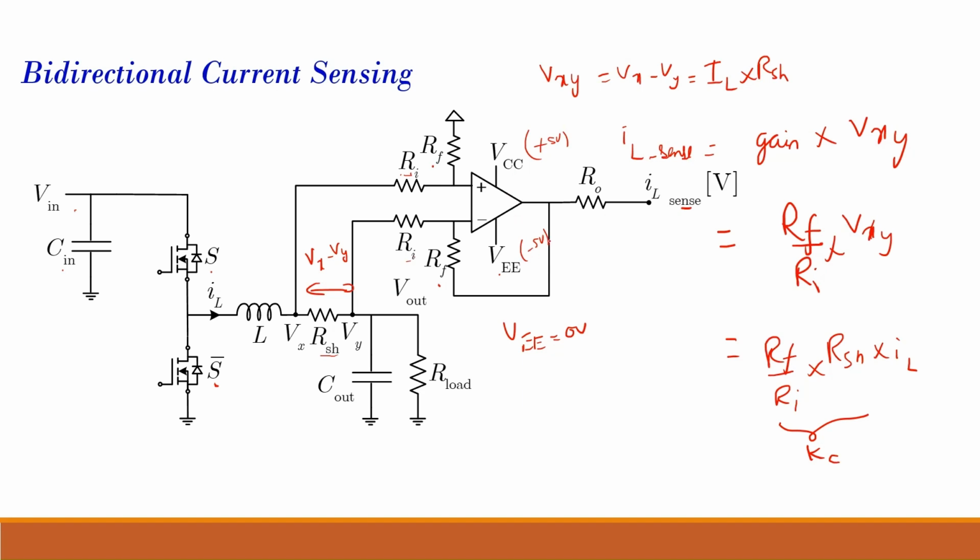Another important consideration when you're doing this sort of current sensing: this is my inductor current signal, and this is my time period, which has a corresponding switching frequency. Now, this current signal is a periodic signal, right?